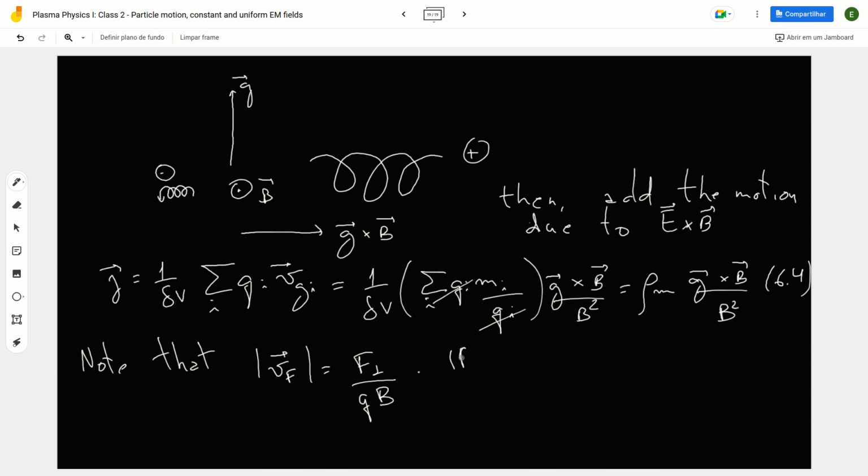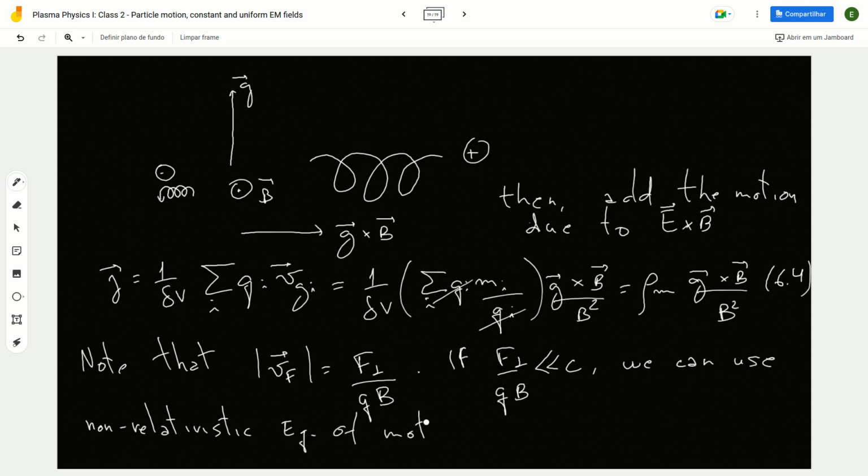If F perp over QB is much smaller than the speed of light, we can use the non-relativistic equation of motion, as you have been doing. Okay, and this is the end of chapter 2.